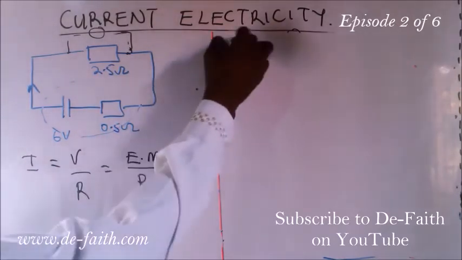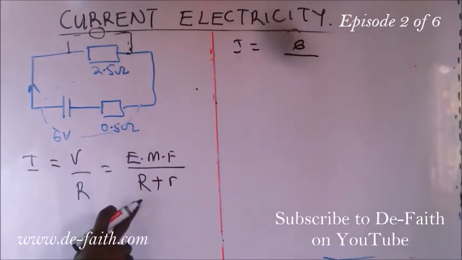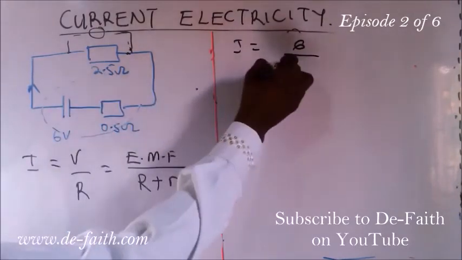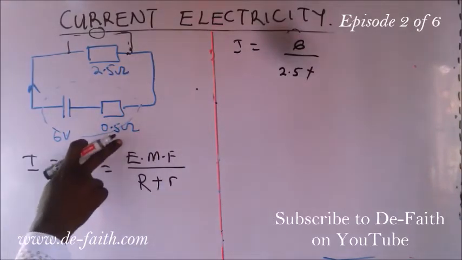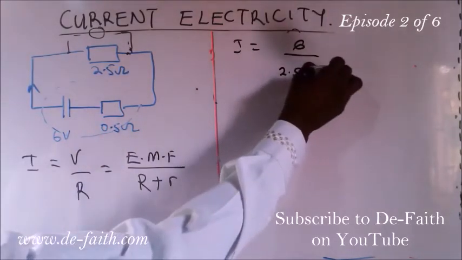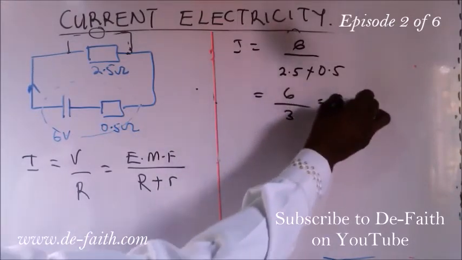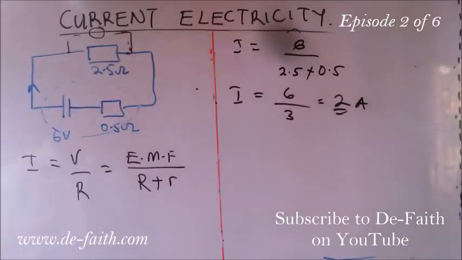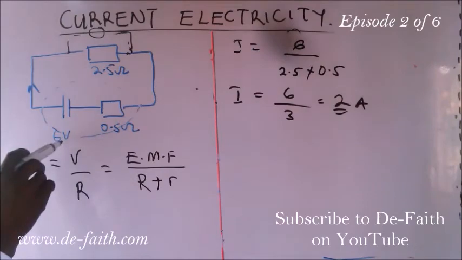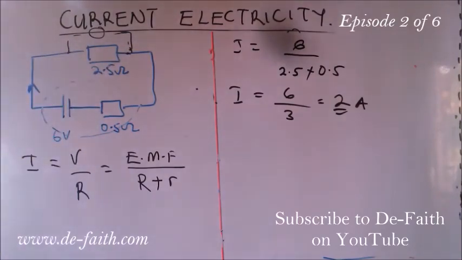And so we have I equals 6 over R, which is the external resistance, 2.5, plus the small r, which is the internal resistance, 0.5. So we have 6 over 3, and that gives us 2 ampere. So this is the current which is flowing across the circuit. But take note that this EMF of 6 volts here is different from the potential difference across these points.